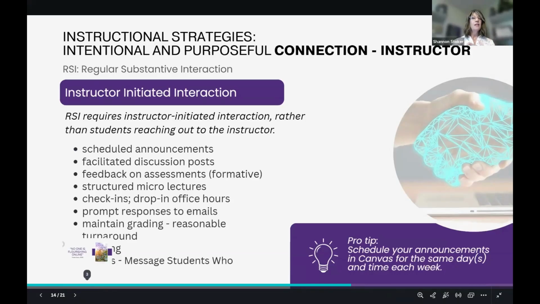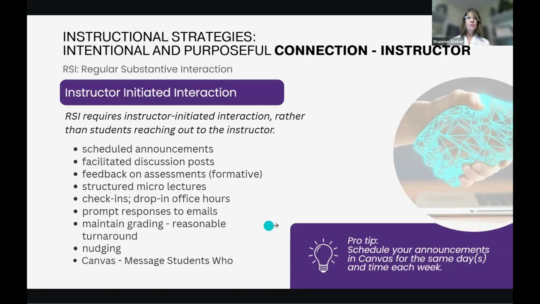The government has put forth guidelines that there needs to be regular and substantive interaction between the instructor and the student. And it's got to be initiated by the instructor. So we can't just wait for the student to email us and tell us what's going on. We have got to make some attempt to engage with our students and initiate that contact.